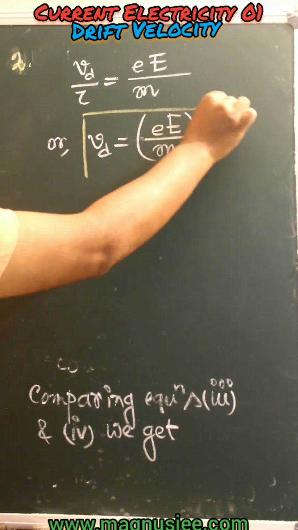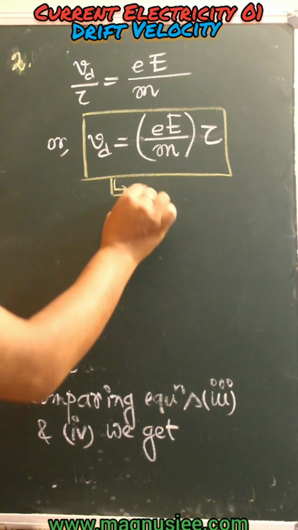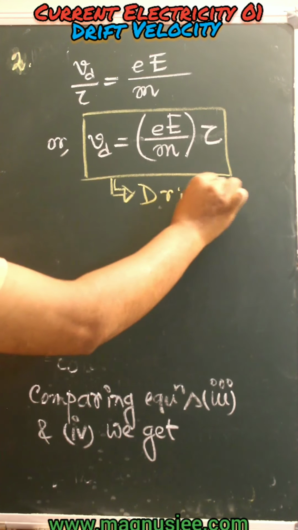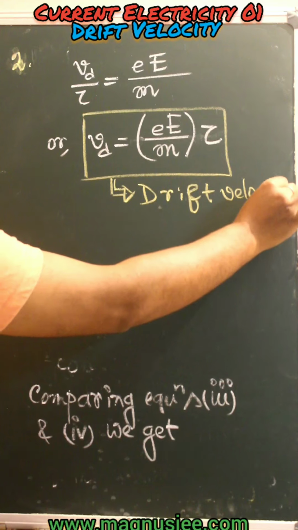So this is the expression of drift velocity of a free electron with which it is drifted or accelerated towards the positive end of a conductor, to which a potential difference V acts across the two ends of the conductor.